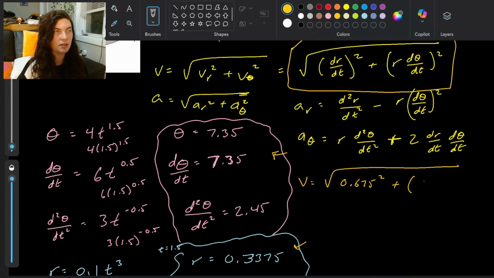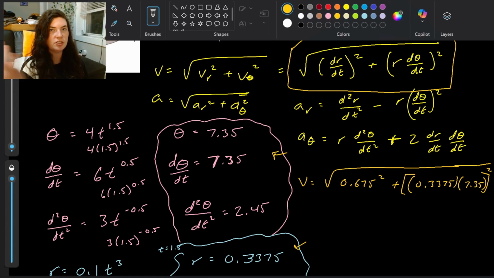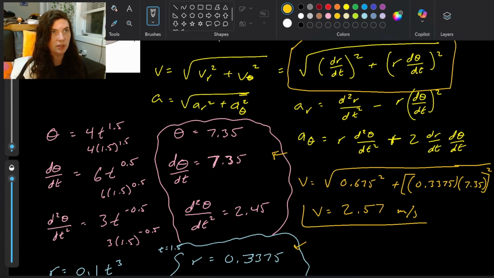So plus 0.3375 times, do a big bracket, times 7.35. Those times each other, and then those both get squared. They're all under the square root. That's just something we pop entirely into the calculator, and we get a velocity of 2.57 meters per second for our velocity.